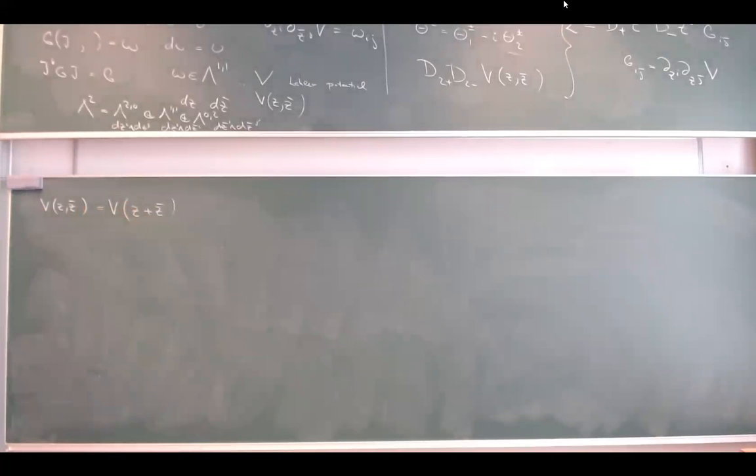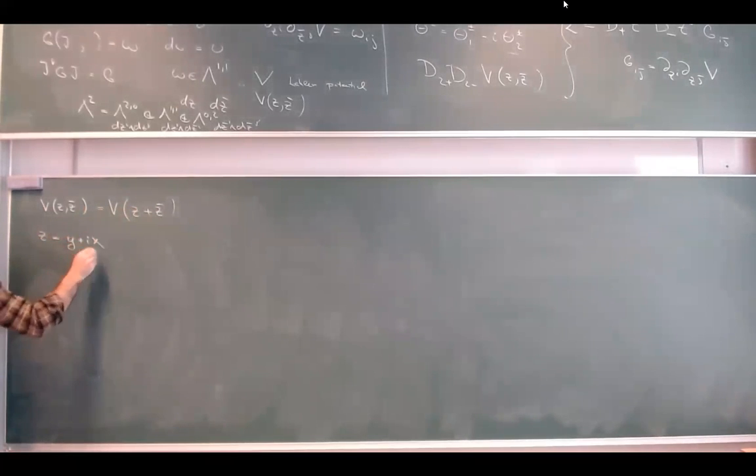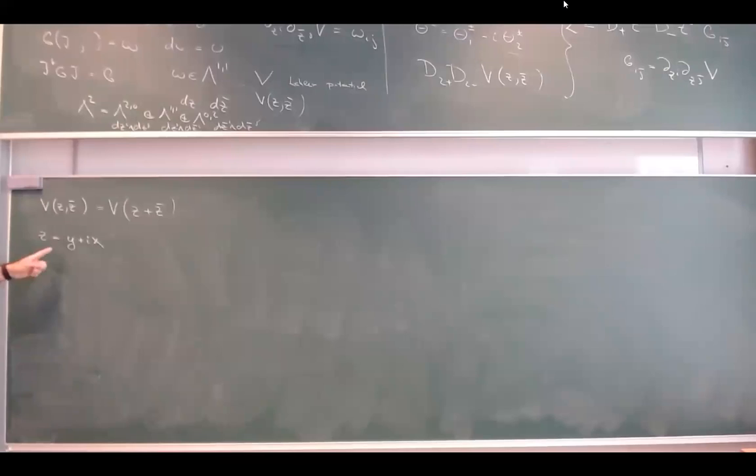Okay, so that reflects the fact that I can expand Z in this form. For some reason we chose this stupid parameterization to confuse people in the paper. No, it's not entirely stupid.